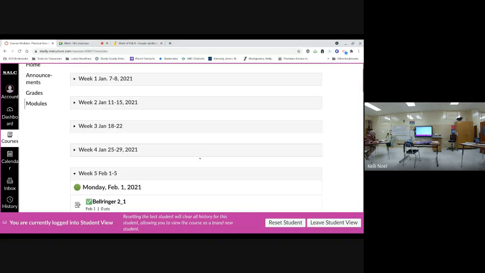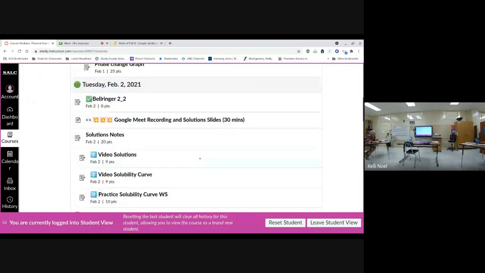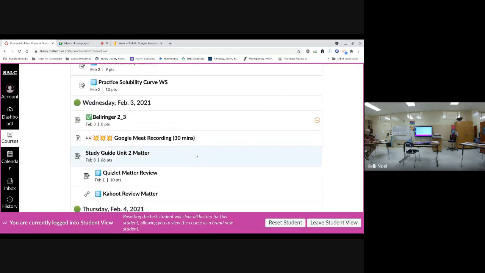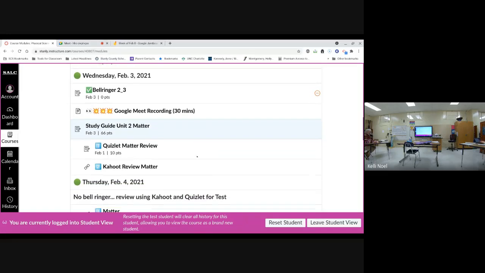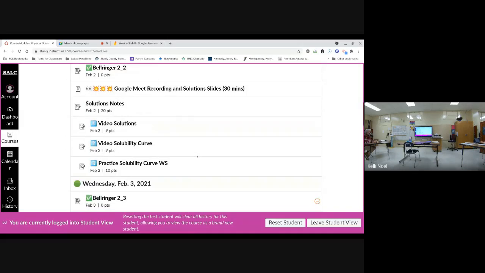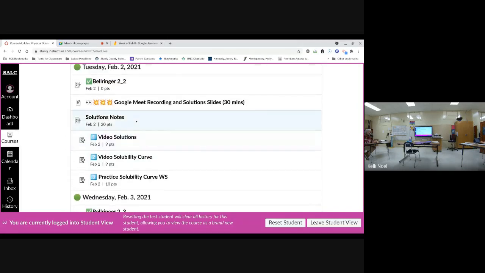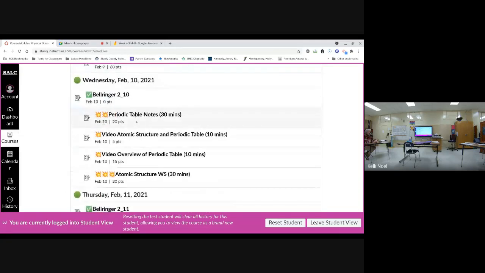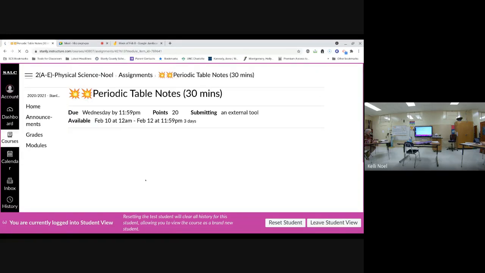All right, so what we're going to do is continue talking about the periodic table today. If you have the paper copy I gave you, you may want to have that out along with paper notes.